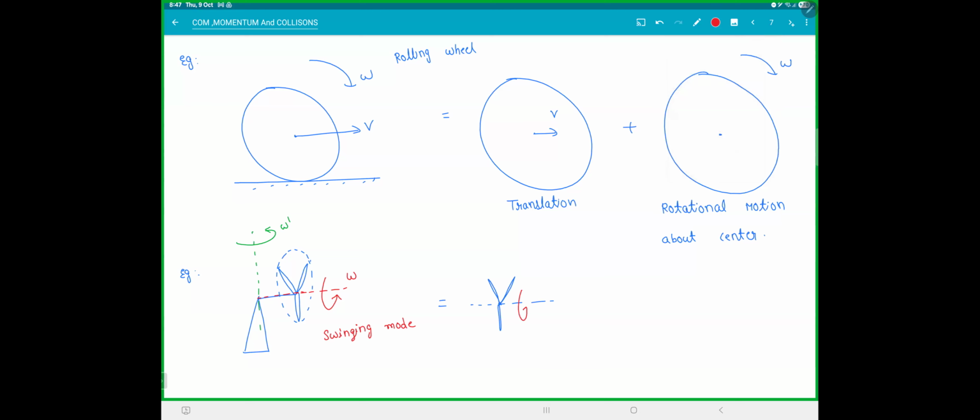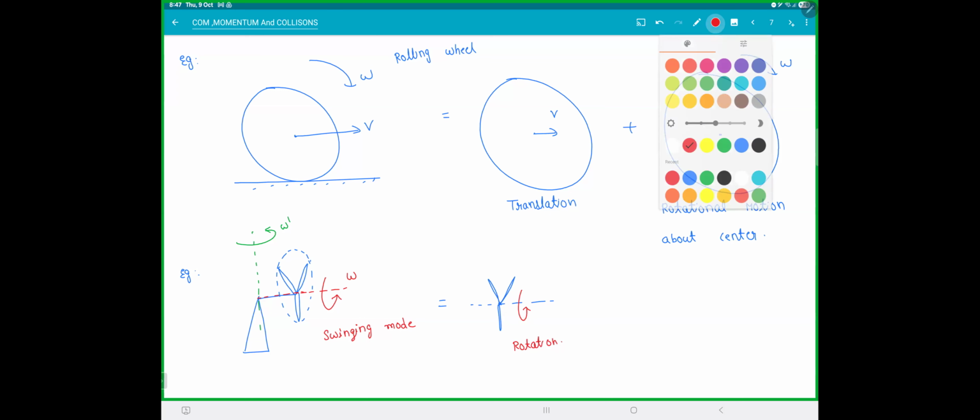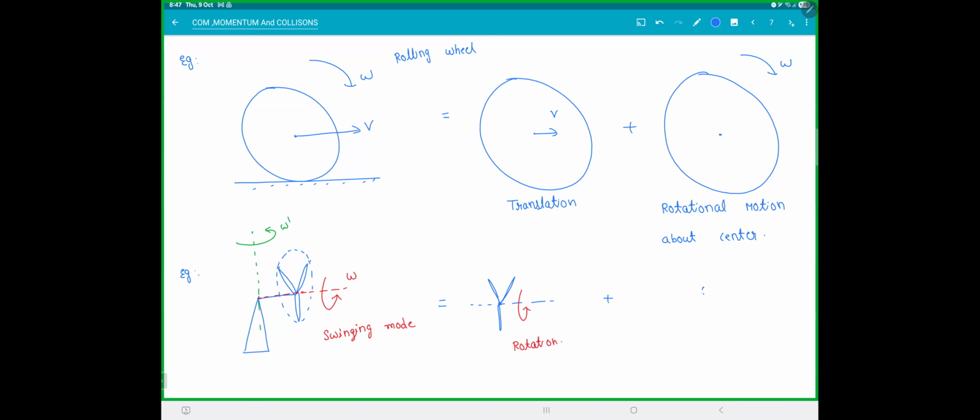So this is one rotation, plus the center of the fan itself is going in another rotation. So every motion can be simplified into a combination of translation plus rotation, or rotation plus rotation.